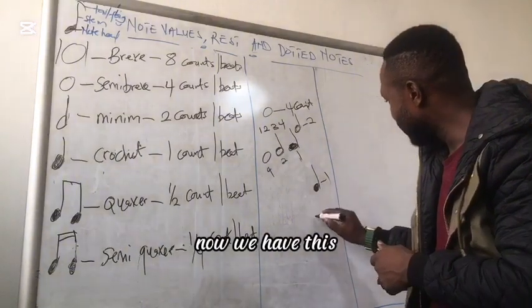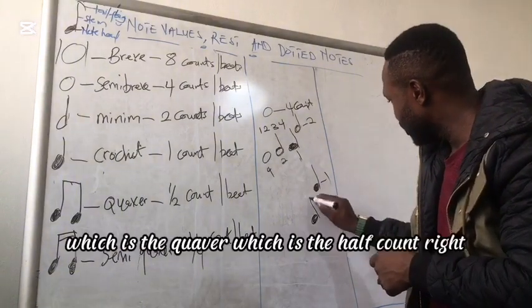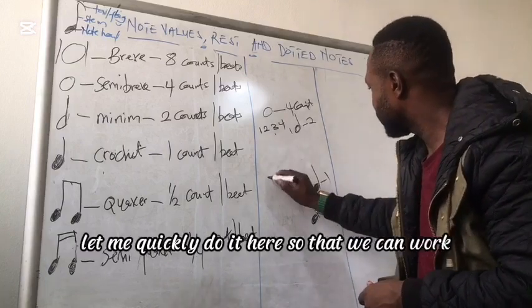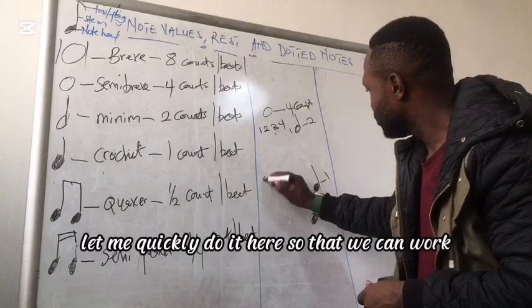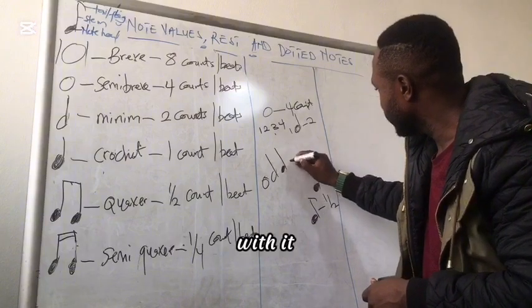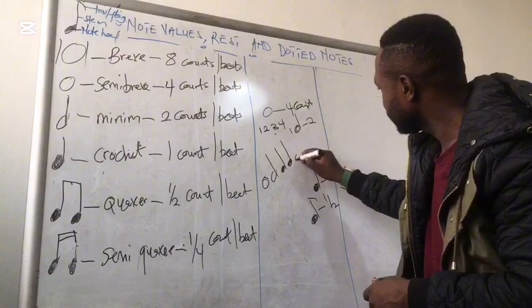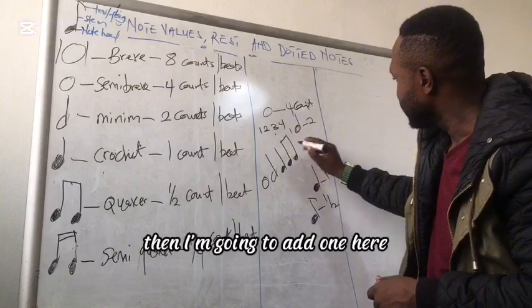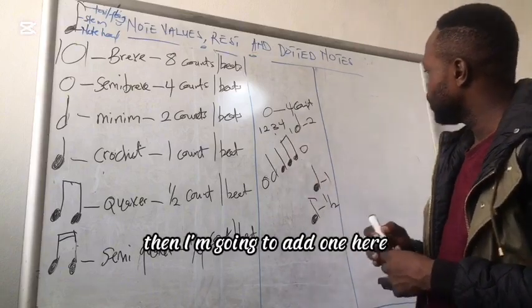Now we have this, which is the quaver, which is the half count, right? Let me quickly do it here so that we can work with it. I am going to add 2 of this, then I'm going to add 1 here.